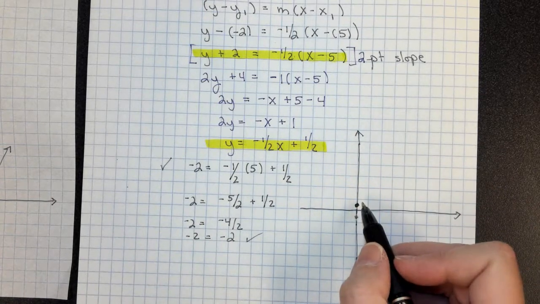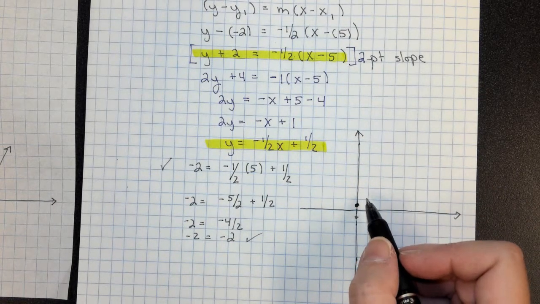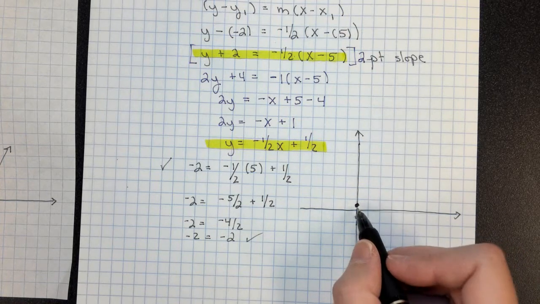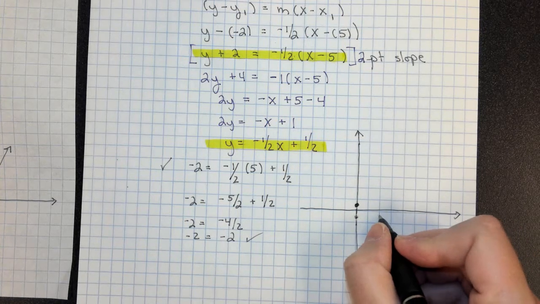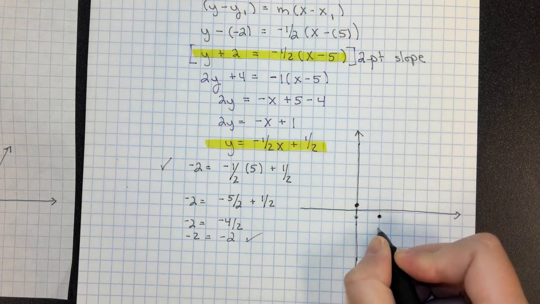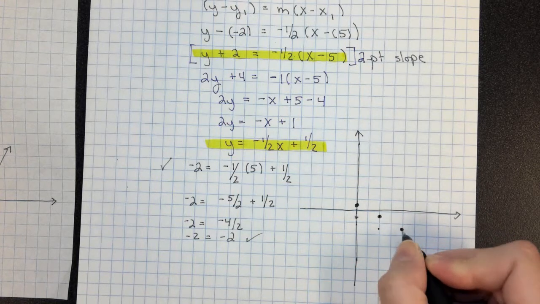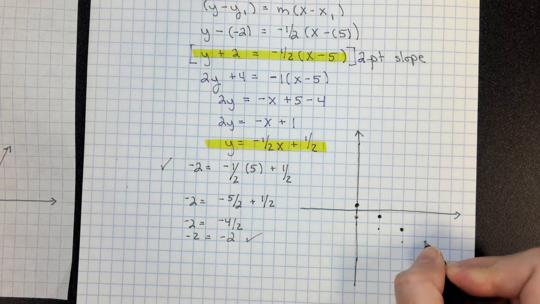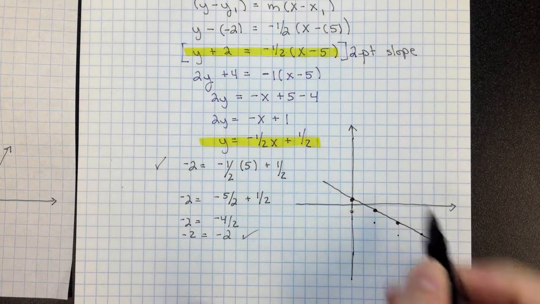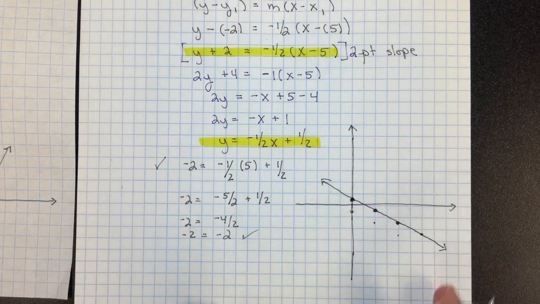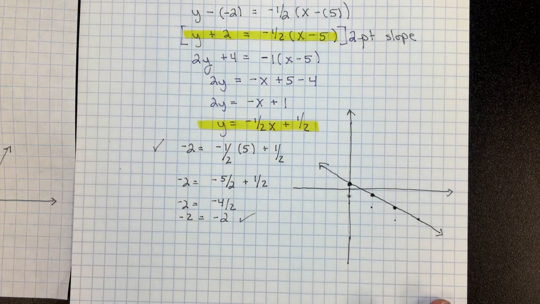And I'm going to go down 1 and right 2. Down 1 and right 2. Down 1 and right 2. So that's kind of hard when we're on a fractional portion, but it still works out fine.